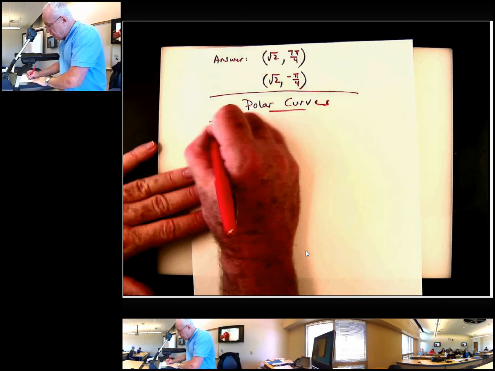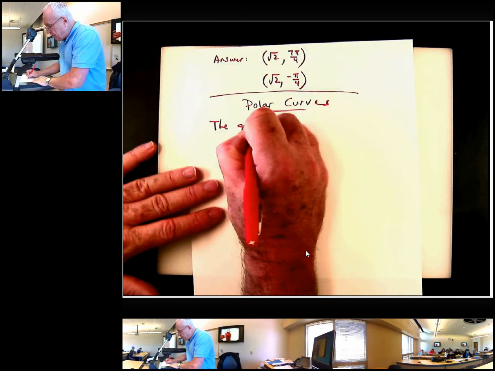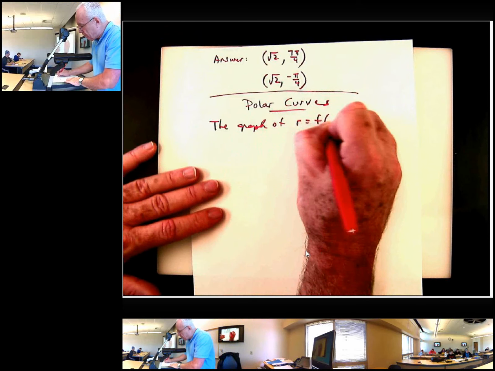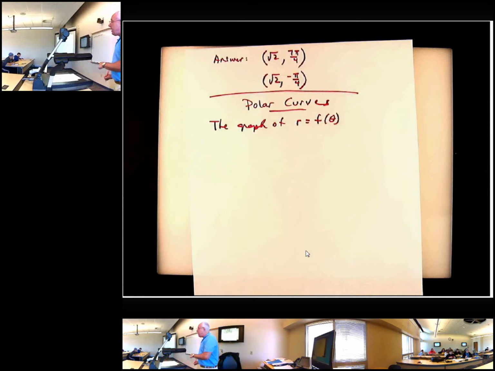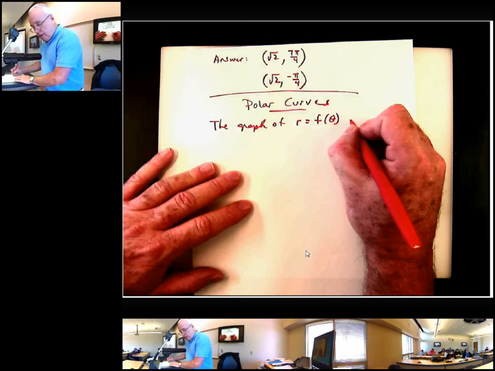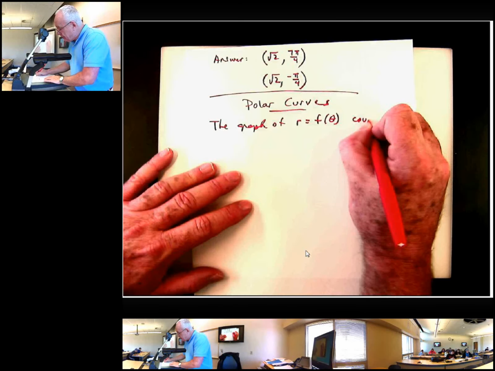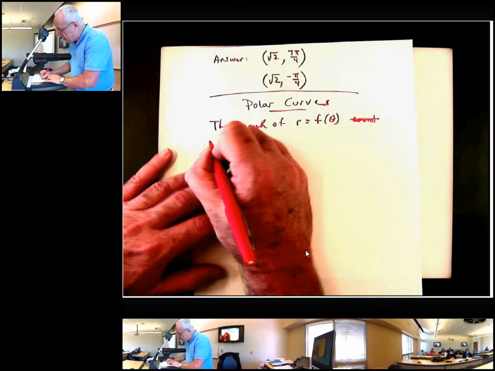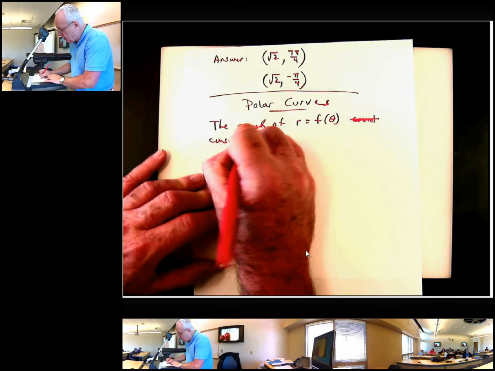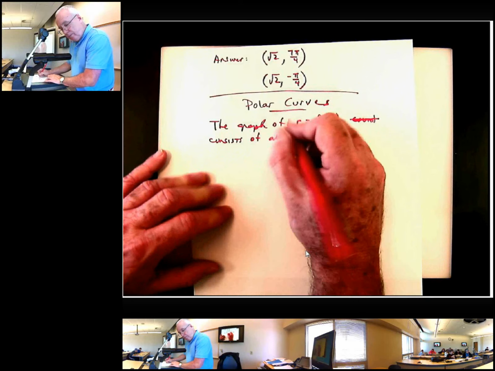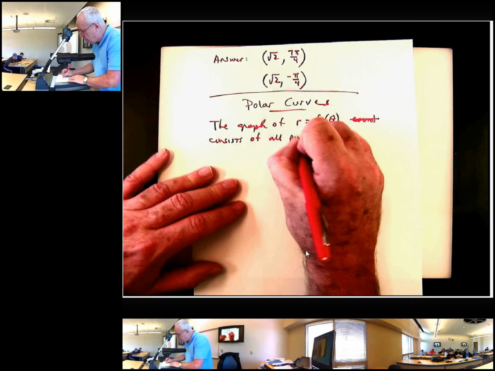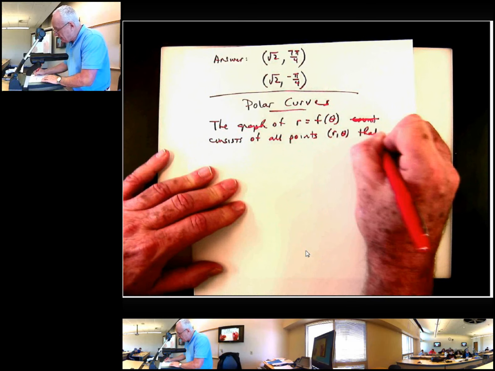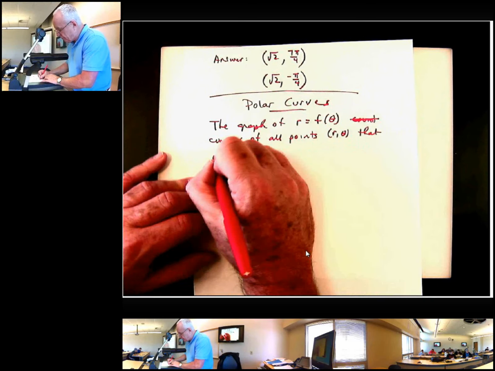So, the graph of r equaling some function of the angle theta, what does this mean? This consists of all points r comma theta that satisfy the equation.